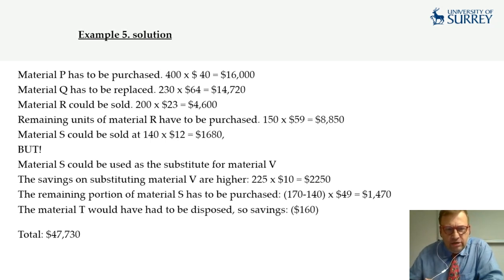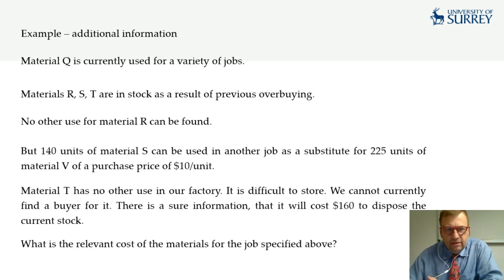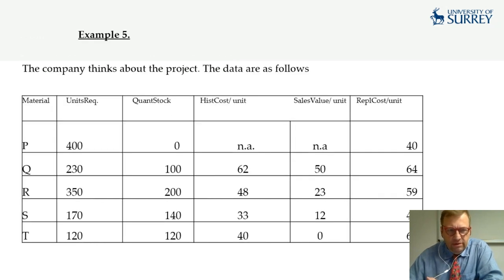Now we come to material R. Because it says here they are in stock as a result of previous overbuying, we do not use it for normal production. So how does it look? We need 350 and we have 200 in stock. The 200 that we have, we could sell because we have the sales value.